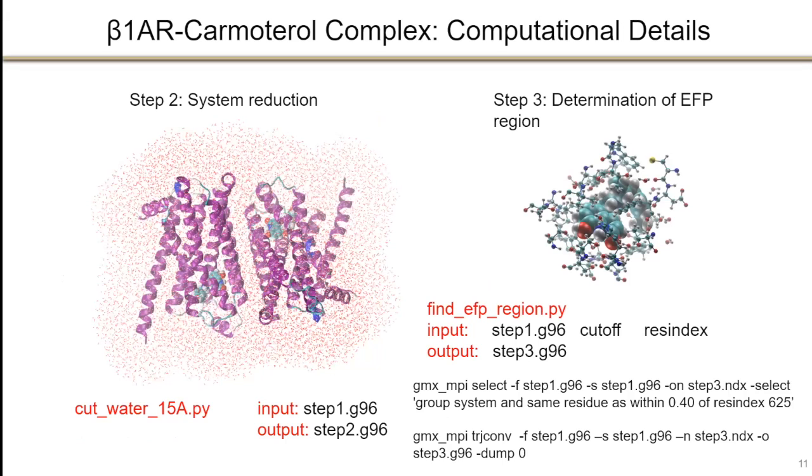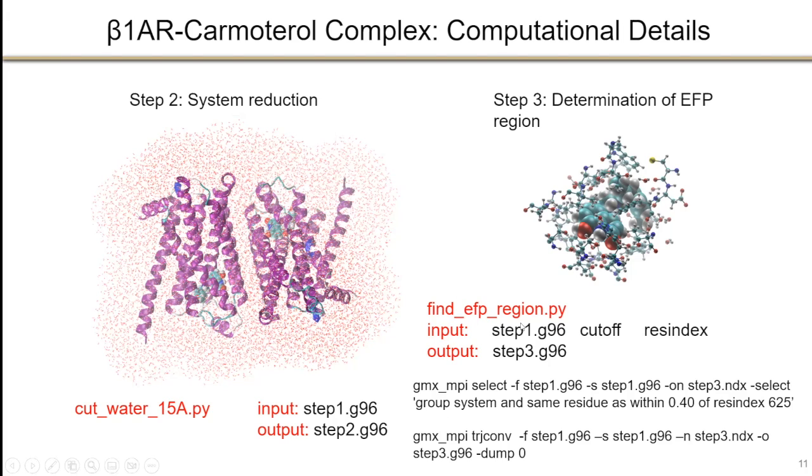Now, the next steps will show us how to prepare a system from a geometry input file of any MD simulation into an input file that could run an EFP calculation. The first step, or here it is step 2, is just a system reduction.